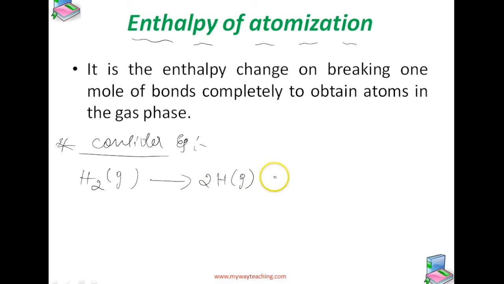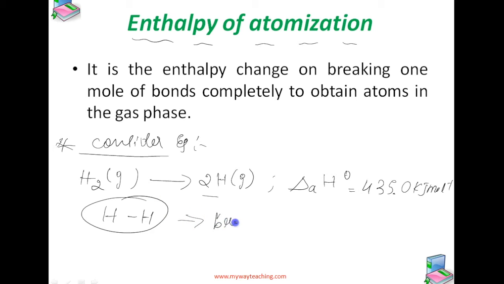H in the gaseous state, and the standard enthalpy of atomization is equal to 435.0 kilojoule per mole. You can see that H atoms are formed by breaking H-H bonds in dihydrogen.